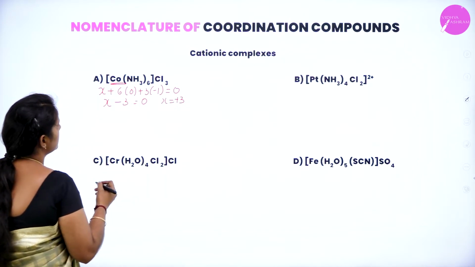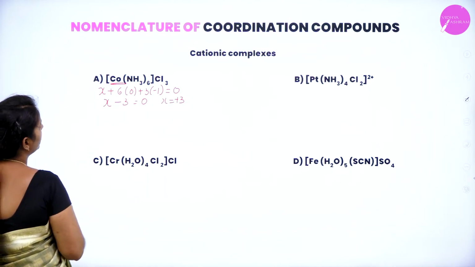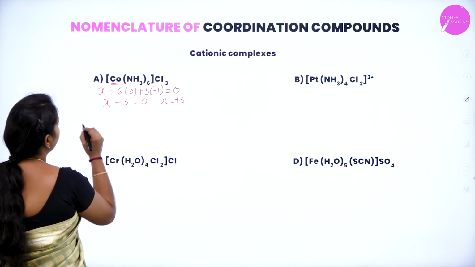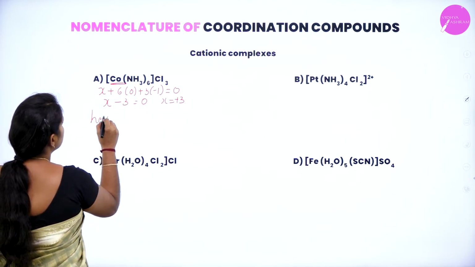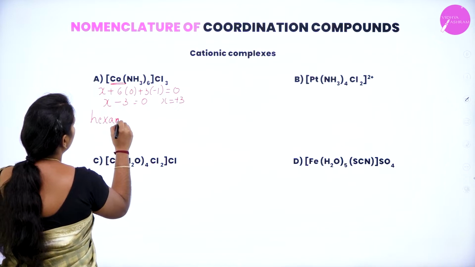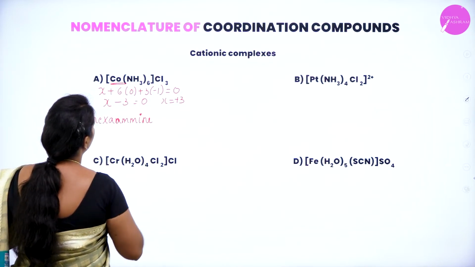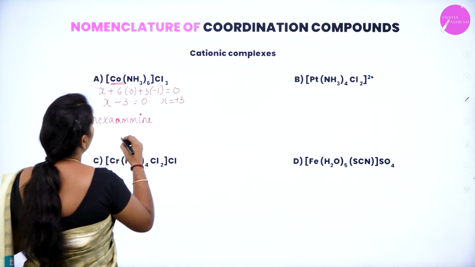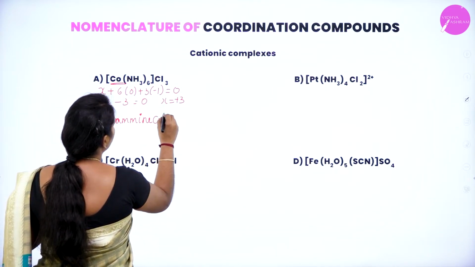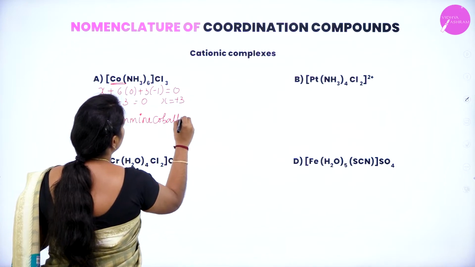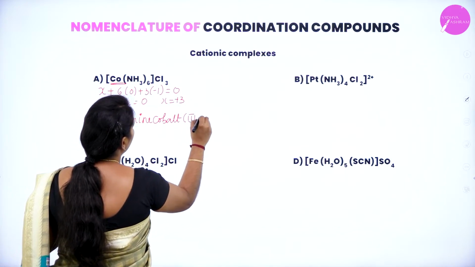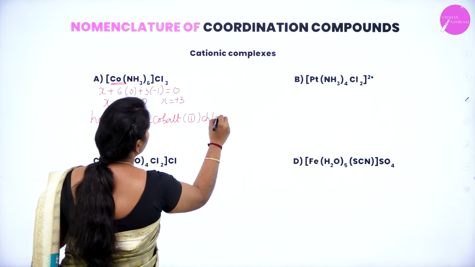Plus 3 oxidation state for the cobalt. And it is named as hexamine cobalt 3 chloride.